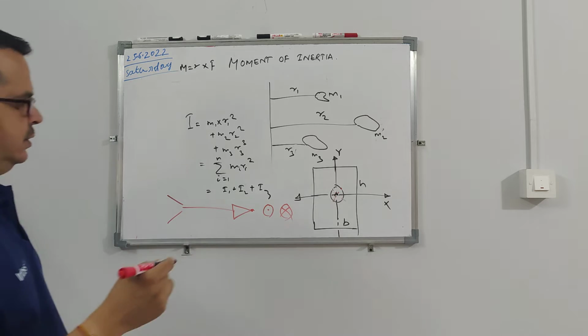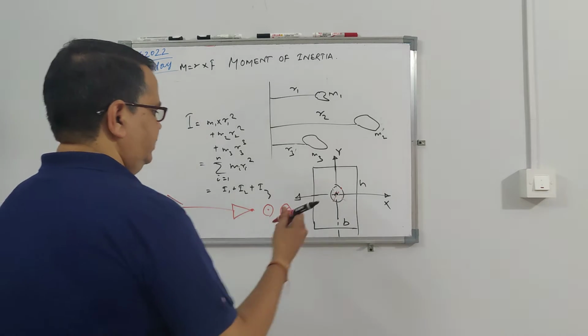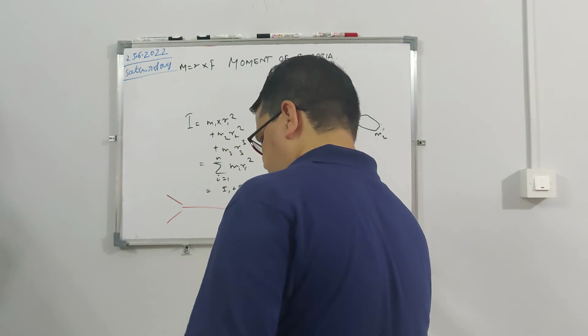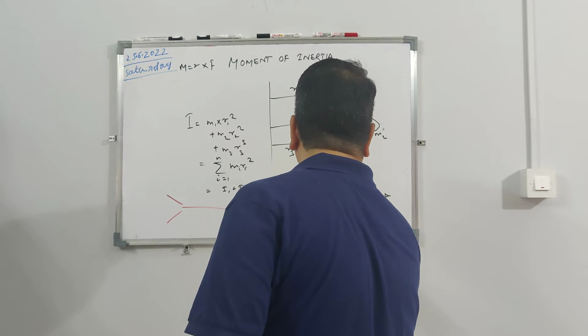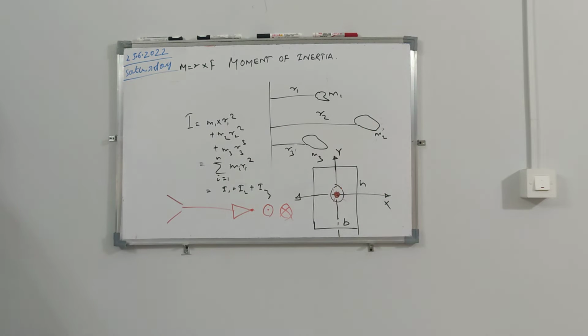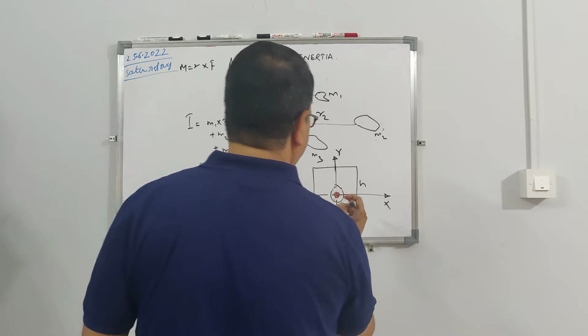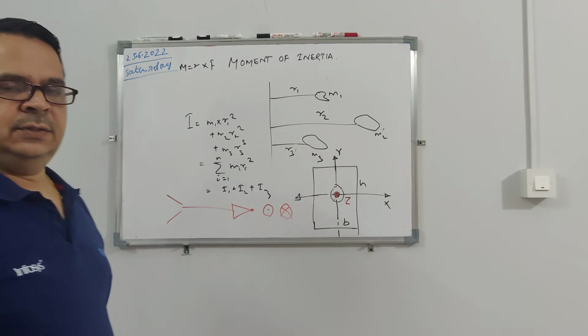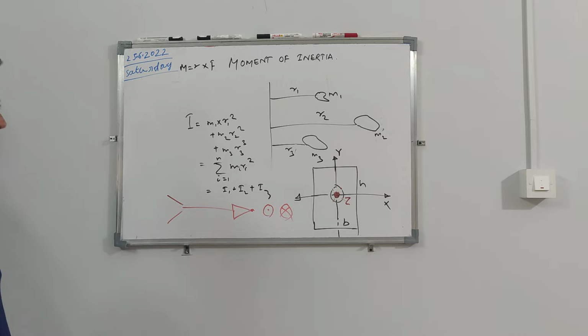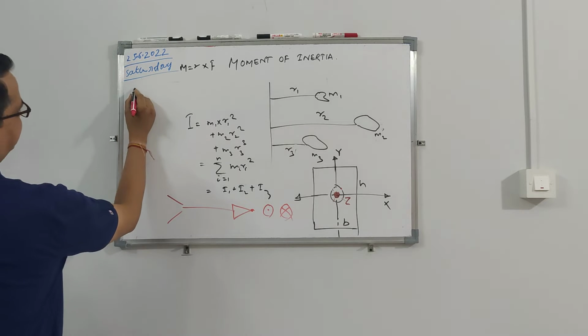So let us say this is a dot, so it is coming out of the plane, that arrow. This is my z-axis. In moment of inertia there are two theorems.